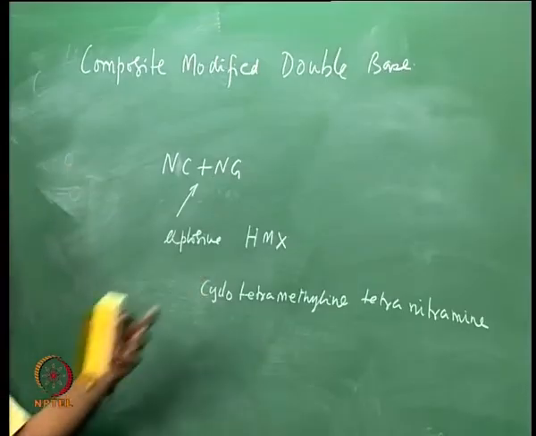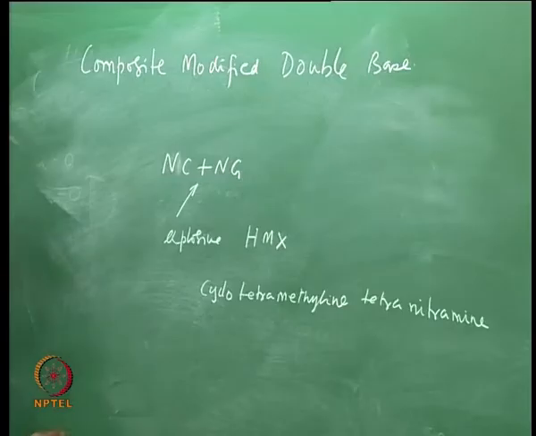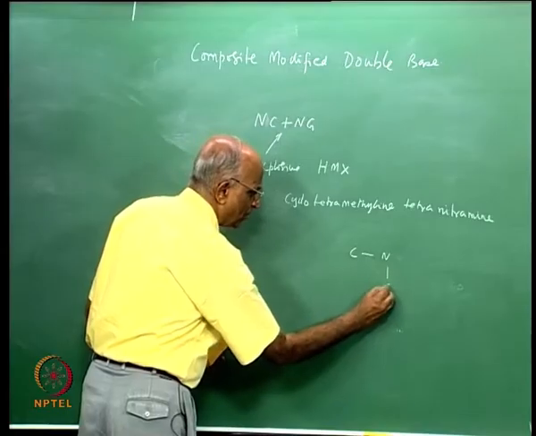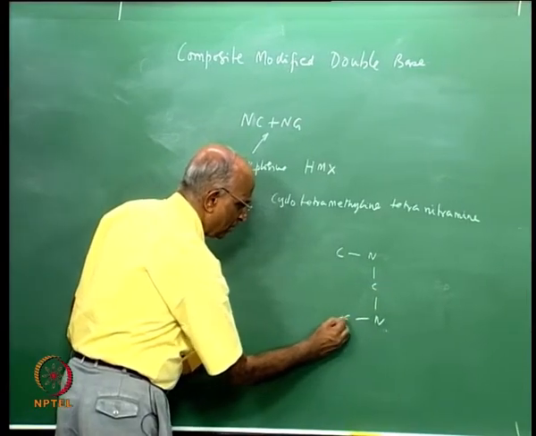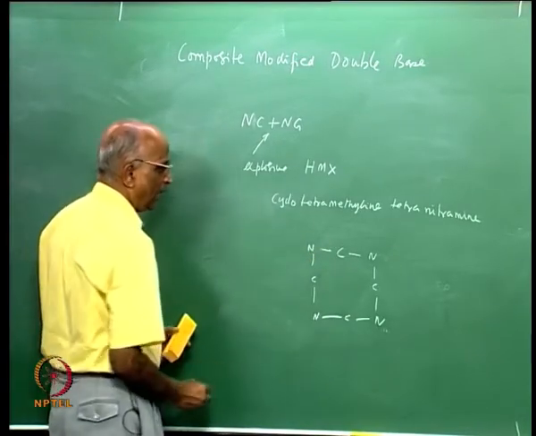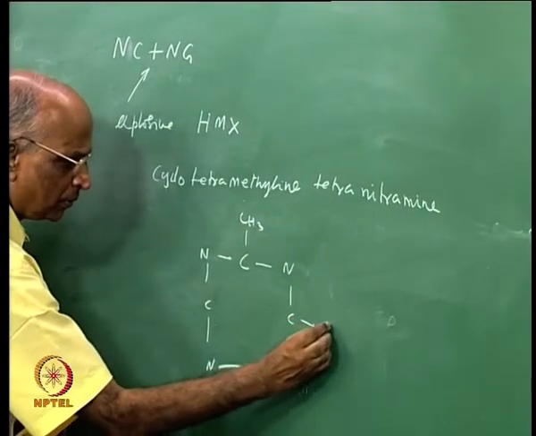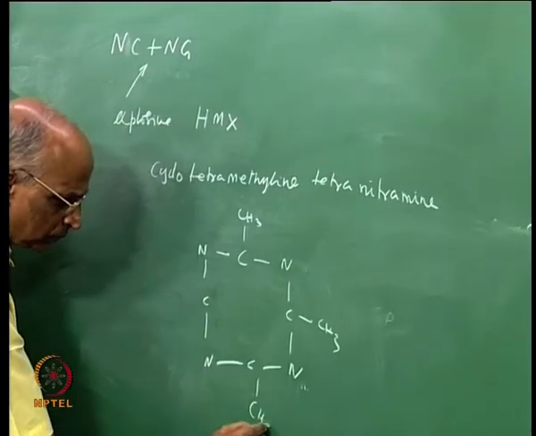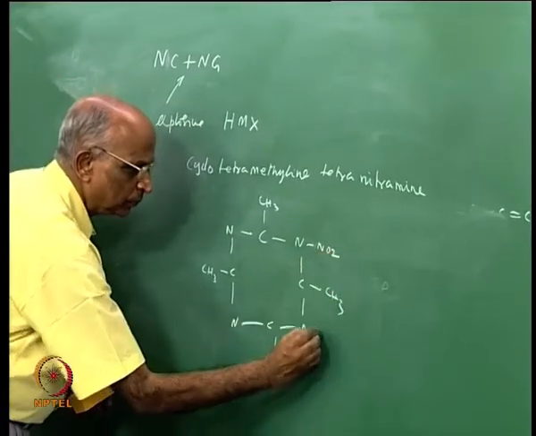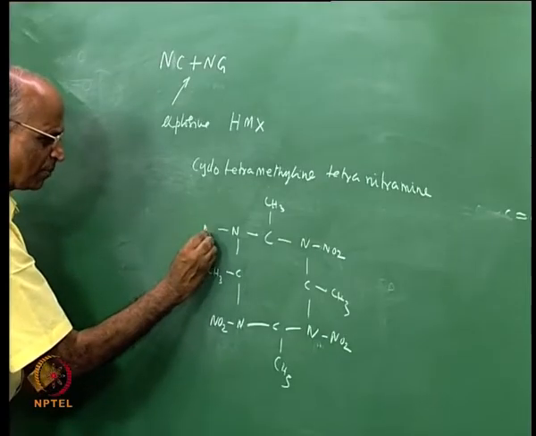You know, HMX stands for Her Majesty's Explosive because it came from UK, and the chain is maybe C, you have N here, you have C here, you have N here, you have C at the center, N here, you have C here, you have N over here, and then you have the methylene radical, maybe CH3, and you have NNO2. This is just an explosive, and I do not think we should spend much time on it.